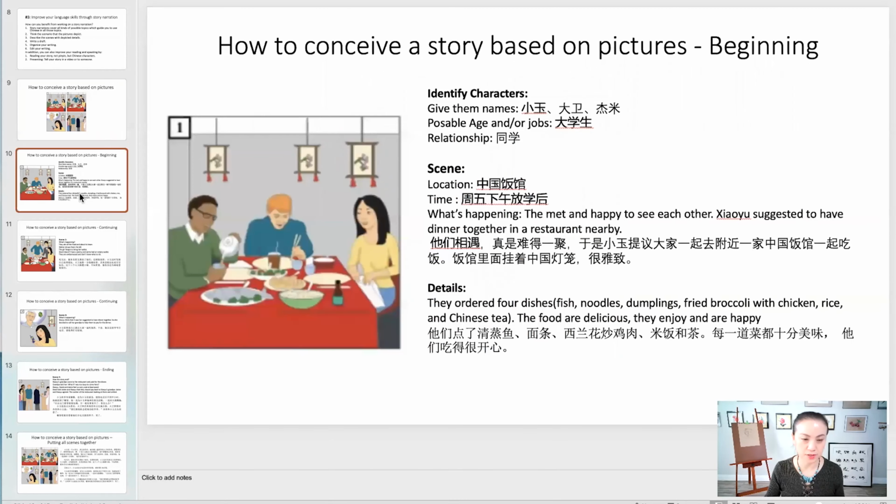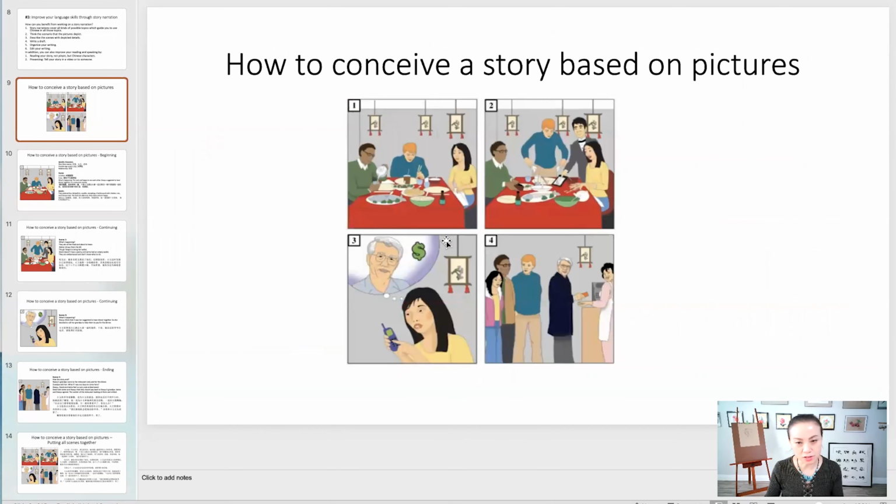Let's take a look. We're going to do it one by one. First, you're going to identify characters. Identify characters, and then you see, totally we have 3 main characters. And then one waiter, this one looks like a cashier, and then this person.